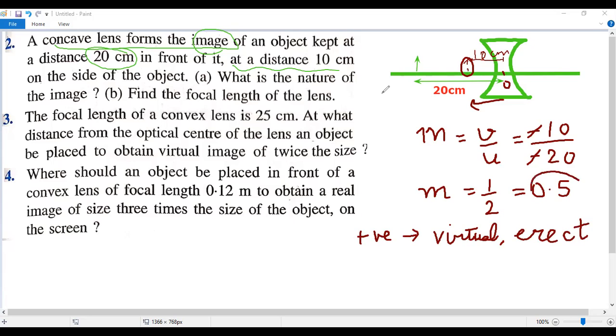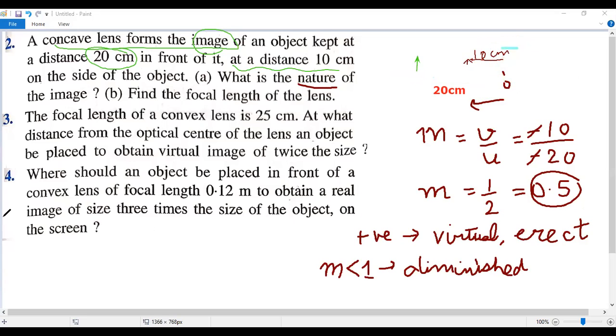Now see the numeric value. Is it less than 1 or greater than 1 or equal to 1? It is less than 1. So if magnification is less than 1, it means the image is diminished. Diminished means smaller in size as compared to the object. So students, to find the nature of the image, you have to find the value of magnification.